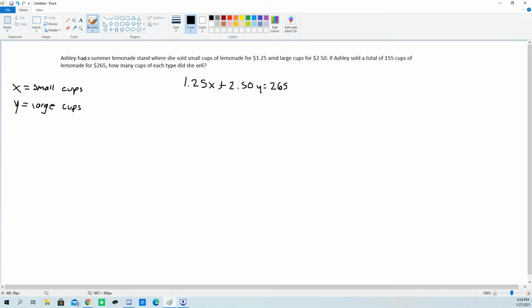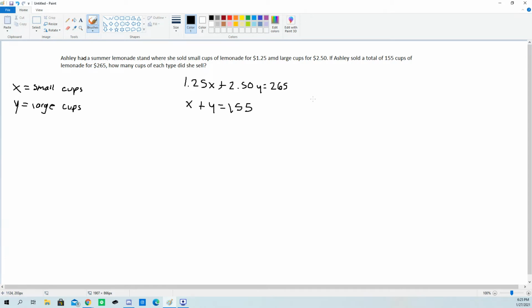See, they kind of did you dirty here, because ideally they would have put this $265 up here next to the money, but just put two and two together and realize that you're going to keep all the money stuff together. And then if she sold a total of 155 cups, then that can simply be X plus Y equals 155.